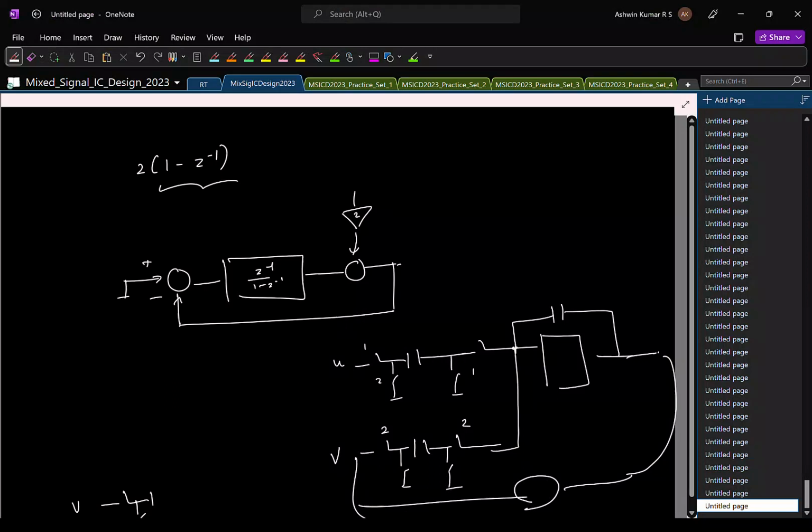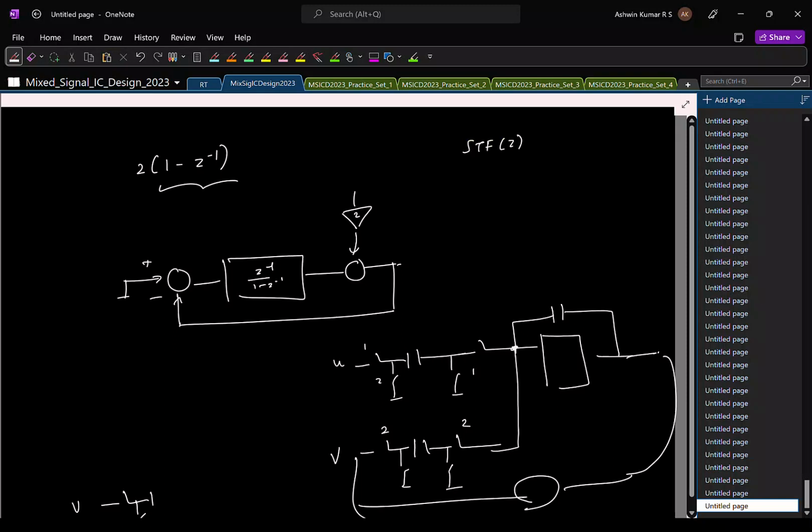Now we should go back and check and try to at least make qualitative sense of what the circuit is, right? You don't have to now sit and solve using charge conservation. You should be able to look at the blocks and understand what that block is, and then draw some equivalent model like this. And in fact, even in your practice problem set, I think I made you calculate the signal transfer function.